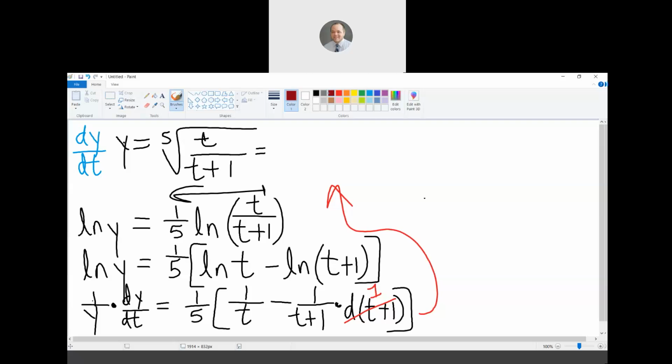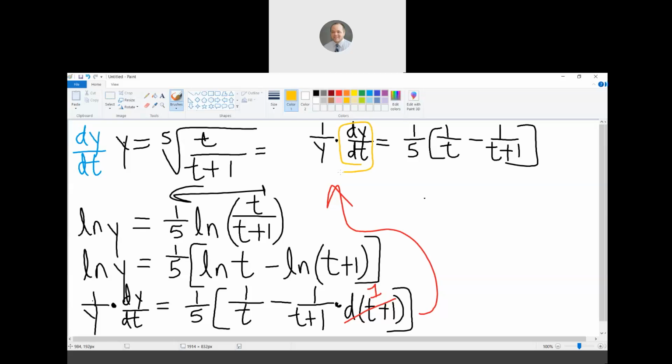So let's bring up what we have. We have 1 over y dy dt equal to the entire right side, and we don't have to multiply or get a common denominator. Now we're trying to find dy dt, but it's got that 1 over y attached to it.